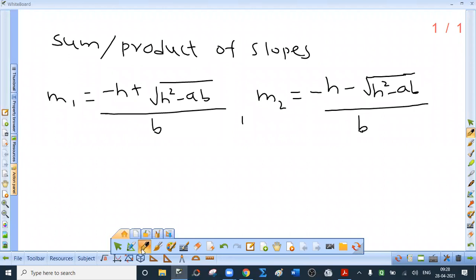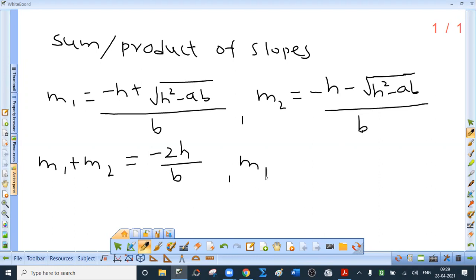If I add these two, I will not show you all the steps, but you know how to add two fractions. So you will notice that m1 plus m2. Can you do this orally? If you cannot, then after the lecture, see how addition can be done. What is sum of the slopes m1 plus m2? It is nothing but minus twice h upon b.